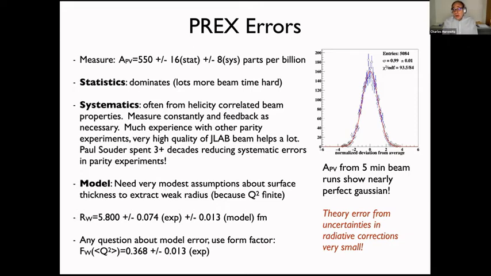And again, that error is the sum of statistical and systematic. And this form factor doesn't have any assumptions about the surface thickness. Okay, and again, wanted to emphasize this is an electroweak reaction. The further theoretical errors from uncertainties in radiative corrections are very small.